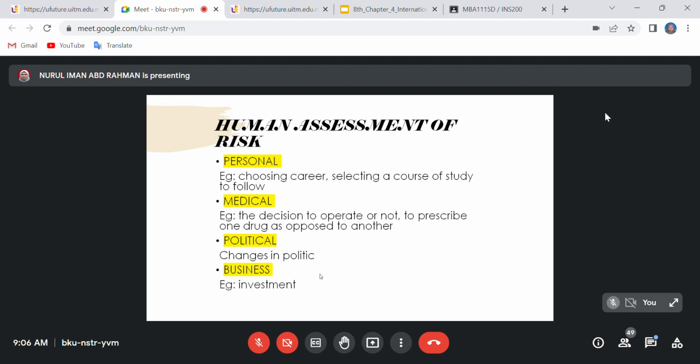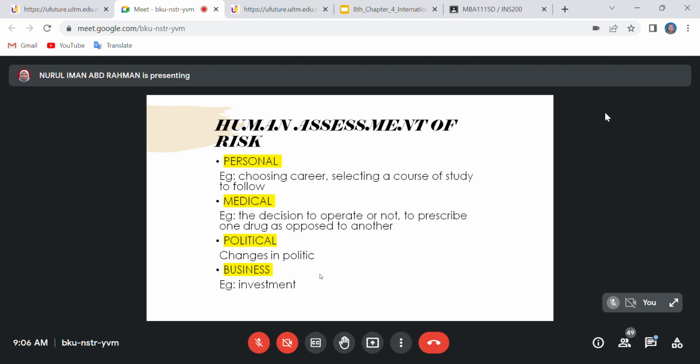And then the third one, political changes in politics. So this is faced by the members of parliament, the ones who sit in parliament session in the morning. So they are the ones who experience the risk of political changes. Okay. And then the last one, business investment.